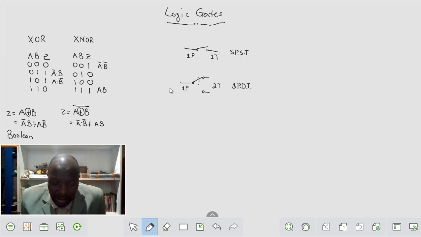If you use a single pole double throw switch, we can actually come up with our exclusive OR and exclusive NOR. Let's suppose we had two of these switches. The common is our single pole, throwing either that way or the other way, and let's call that switch A. It's facing another one: one pole in, two ways to leave, so it's a double throw.